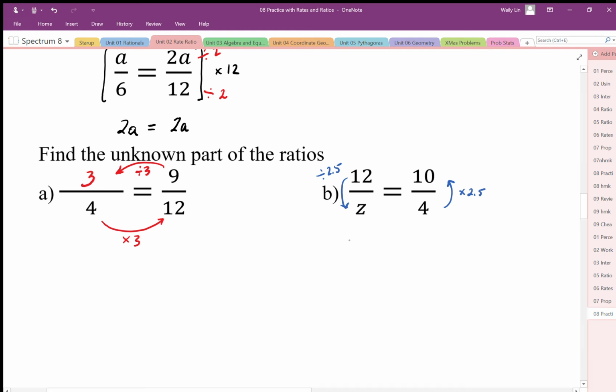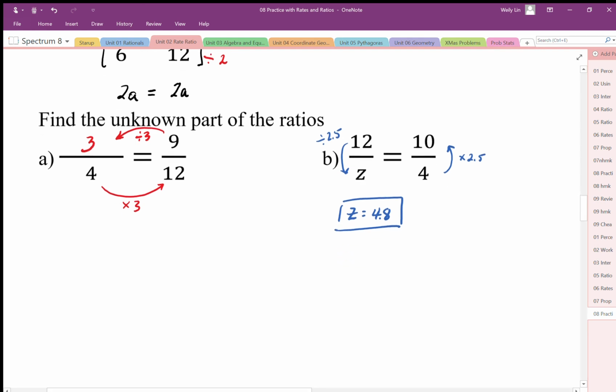So in this case, Z is equal to 4.8. So we're starting to develop more and more strategies to deal with them, but they're really just based on this proportion. And understanding that if we have a times divide relationship, all we're doing is looking for a multiplying or dividing factor.